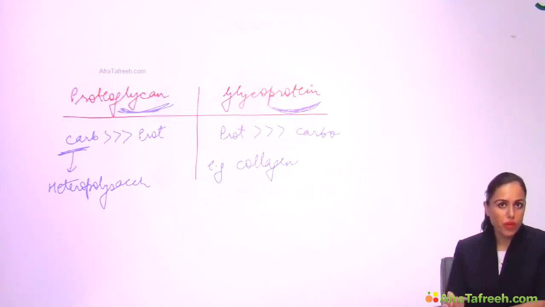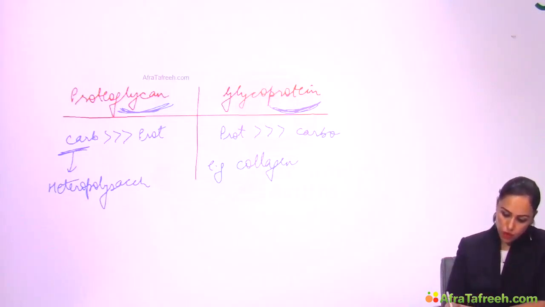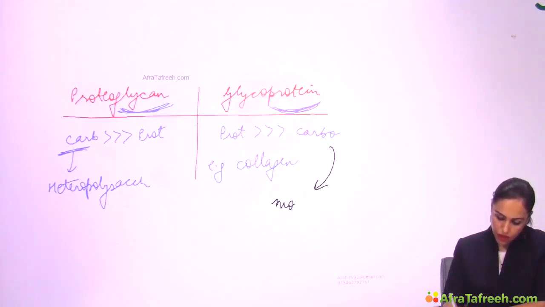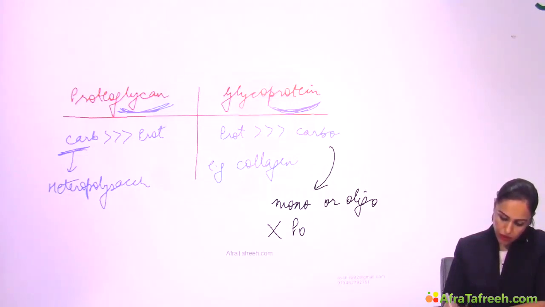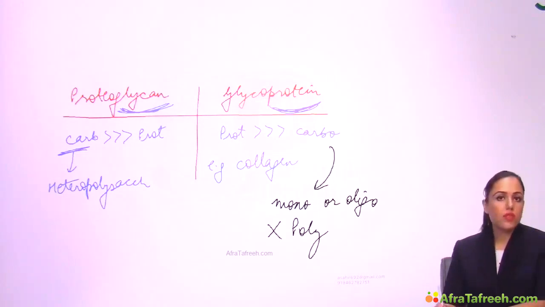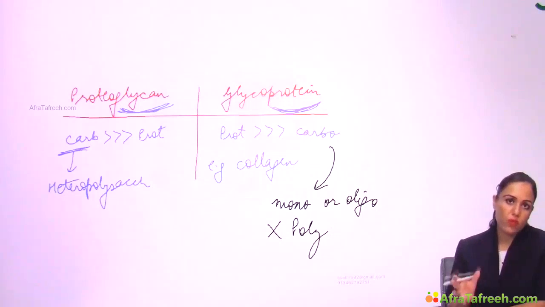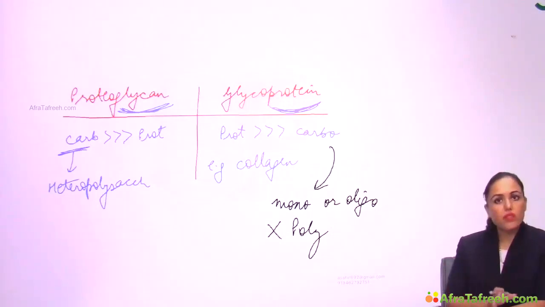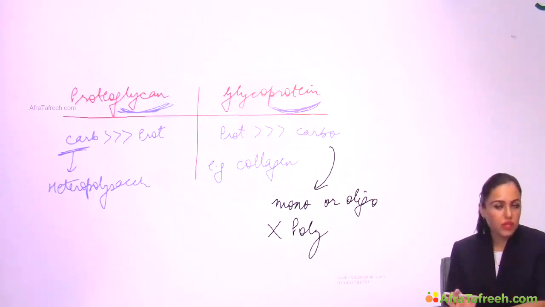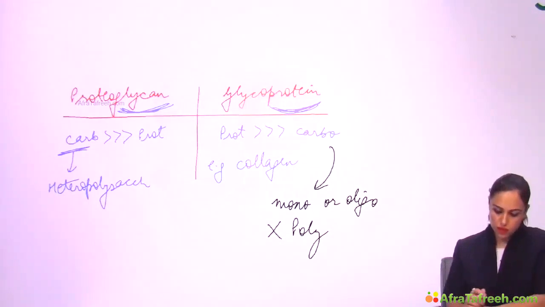Albumin is only protein, right? Now, the carbohydrate of glycoprotein is either a monosaccharide or oligosaccharide. It is never a polysaccharide. So this is the difference between proteoglycan and glycoprotein. You have to be very careful with what is written in the question. Both these are made up of carbohydrates and proteins, but there are differences.